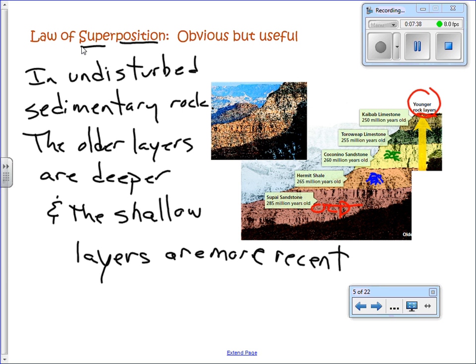And we know that it's newer because it's in a more shallow layer, and we can make those determinations because we all believe in the law of superposition. So obvious but useful, and we will be looking at this as we look at some different diagrams about different layers and how they formed. Okay?